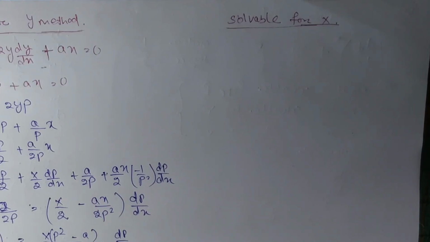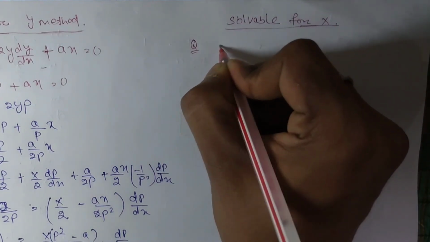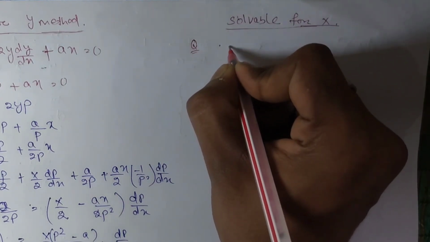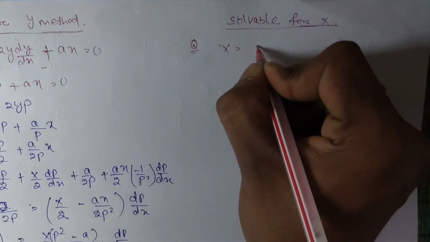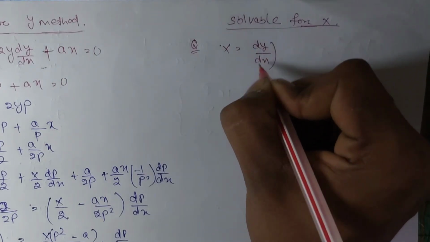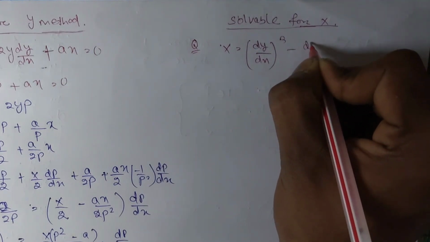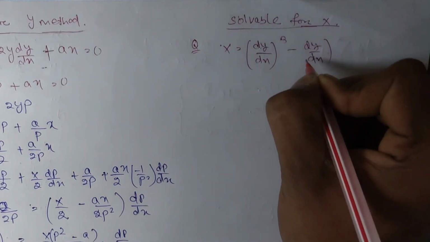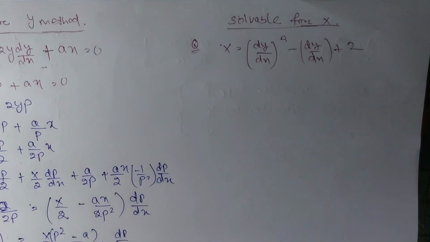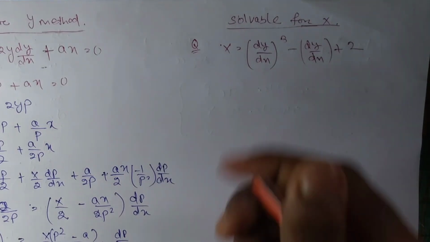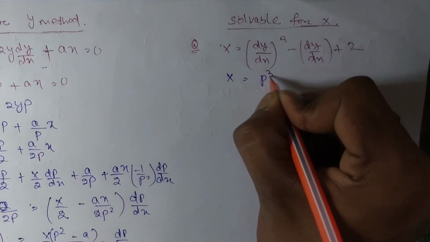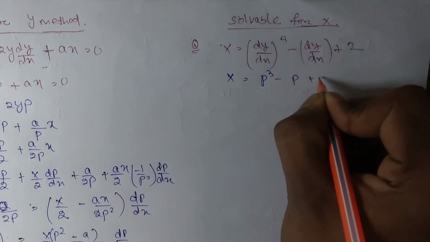We have to separate the x term and then solve the equation similarly, and finally we have to integrate it. Let's take an example, where x equals (dy by dx) cube minus dy by dx plus 2. So we can write it as x equals p cube minus p plus 2.